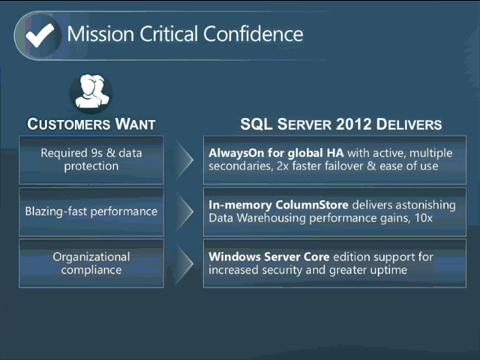So Microsoft has got a whole series of technologies that they've lumped under this marketing term, always on, for SQL Server 2012, including database availability groups, active secondaries so that you can actually do live reads from data on the secondaries, multiple secondaries, faster failover, et cetera. In terms of mission-critical confidence, they've also increased the performance of SQL Server.